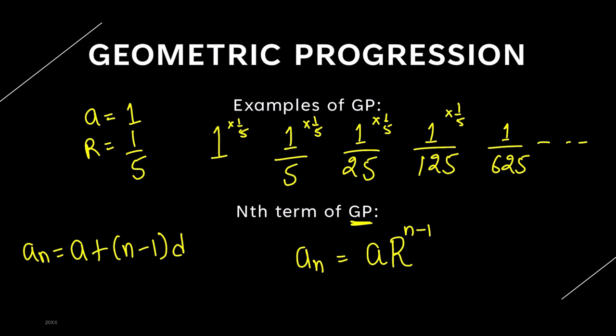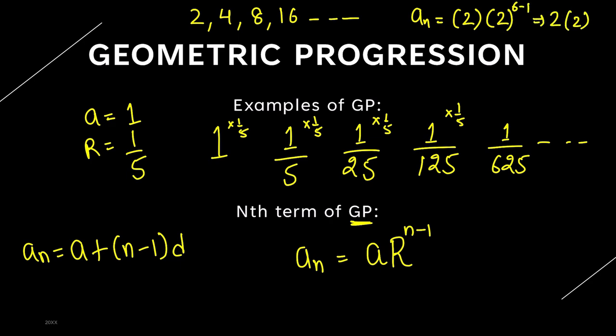We'll see in the next slides, or simply suppose here also we can see 2, 4, 8, 16 and so on. If I say this is geometric progression series, give me the sixth term of the series. So sixth term of the series will be A, common ratio is 2, sixth term is 6 minus 1. So it will give me 2 into 2 raised to power 5.